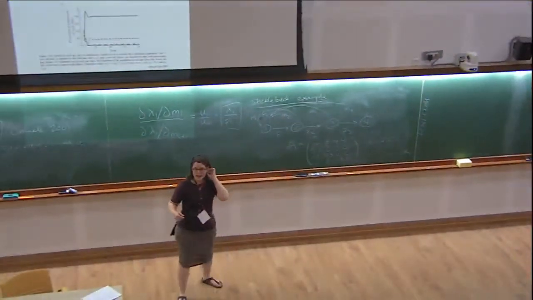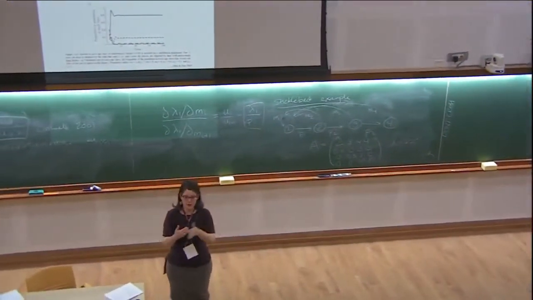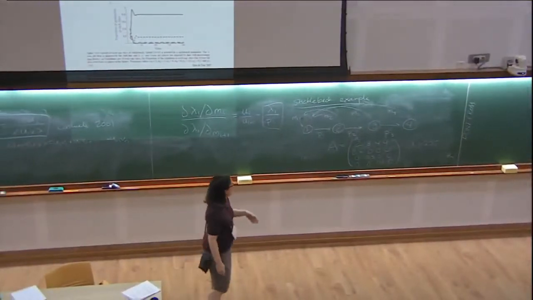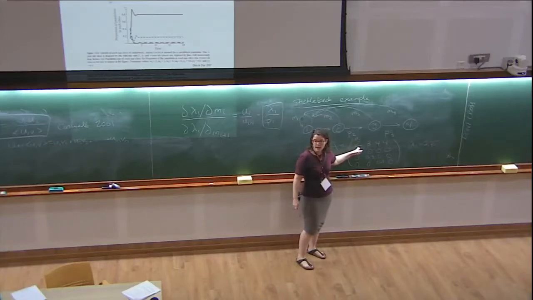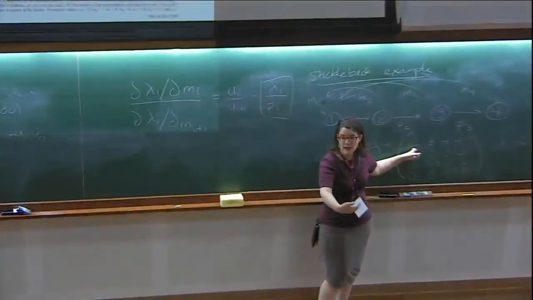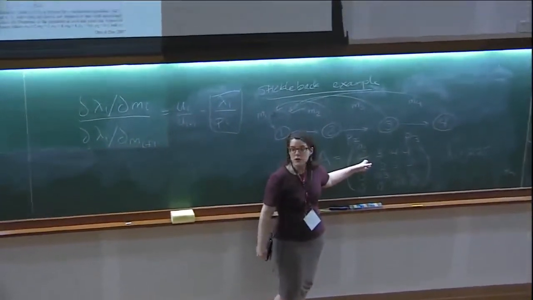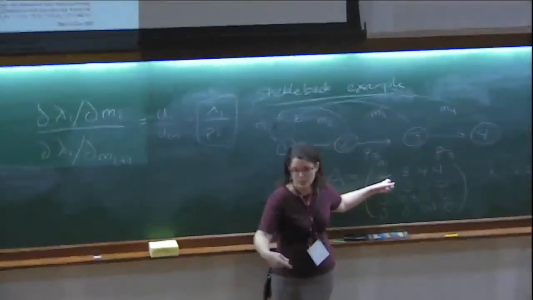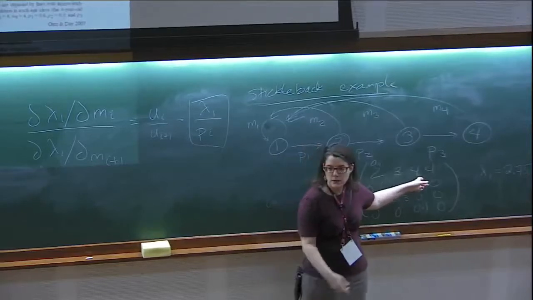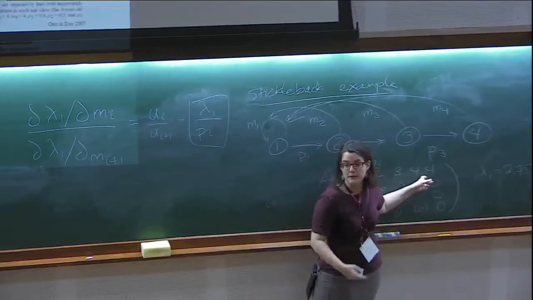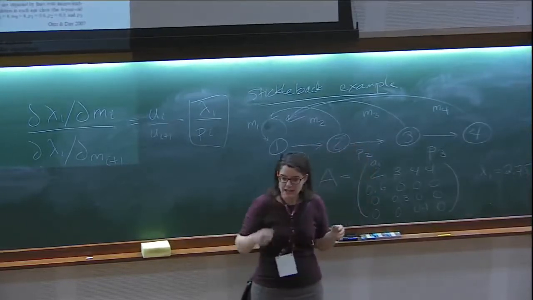So it actually includes, you have to reproduce and you have to sort of make it through that year. But that means that for every individual in stage 1, at the end of the year, in the next year, we expect 2 newborns, new stage 1. For every individual in stage 2, we expect 3. For every individual in stages 3 and 4, we expect 4. So that's sort of the maximum fecundity.